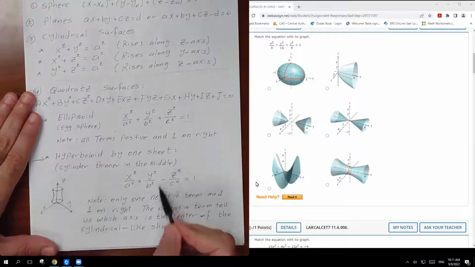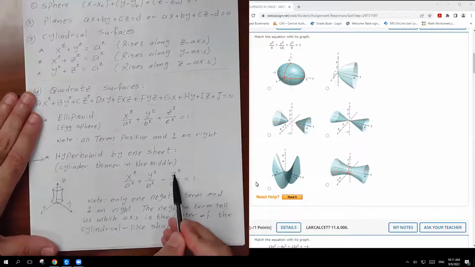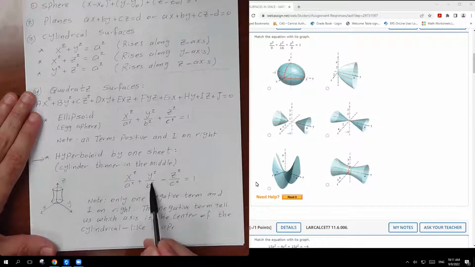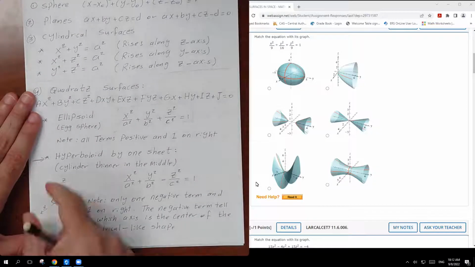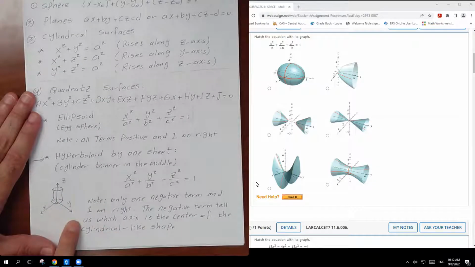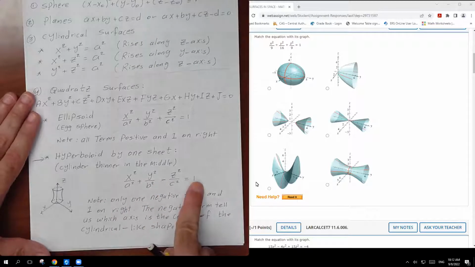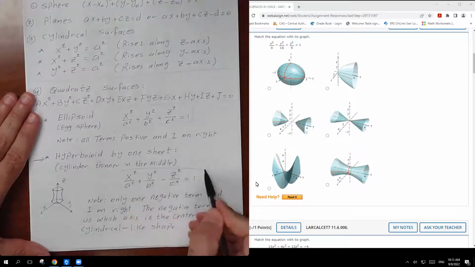So in this example, negative z means the cylinder goes along the z-axis. If it's negative y, the cylinder is along the y-axis. If it's negative x, it's along the x-axis, but only one negative sign and 1 on the other side. So this is the second one.